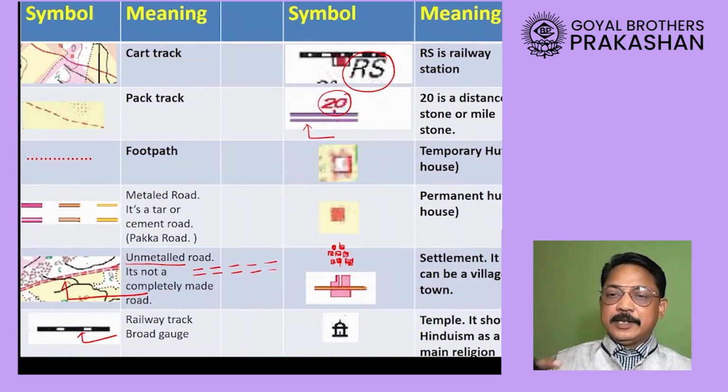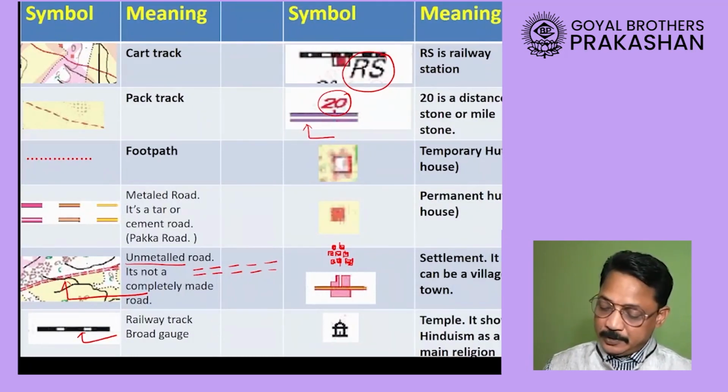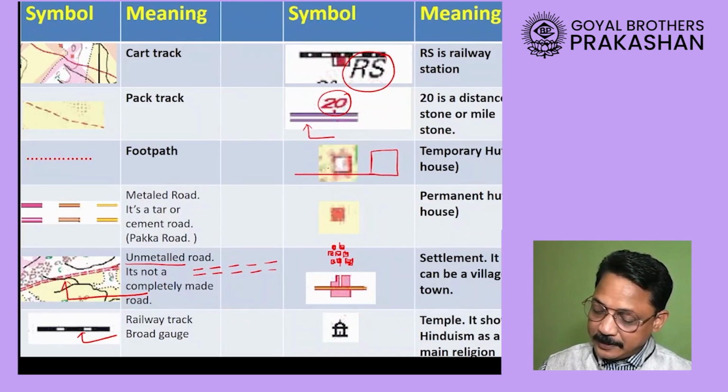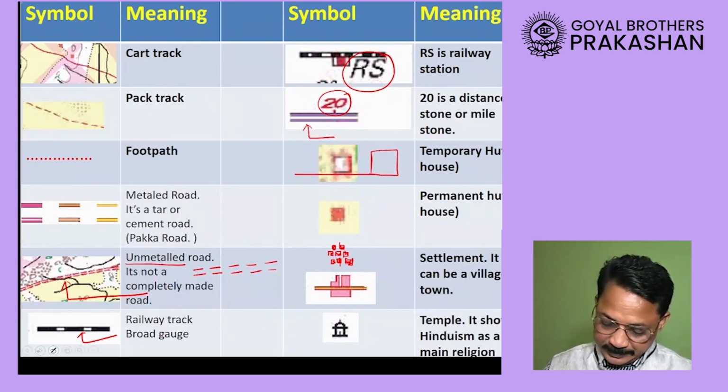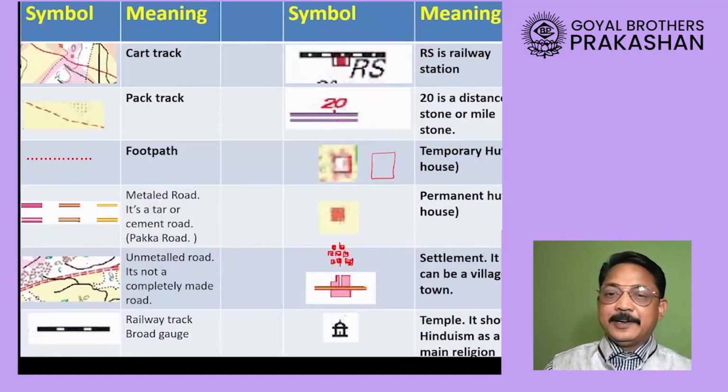That means on this express highway, the number 20 is a distance stone. It is a kilometer stone, and it indicates that a particular place from this highway is 20 kilometers away. Then if you see only an outline in a red color as it is seen here, it stands for temporary hut.